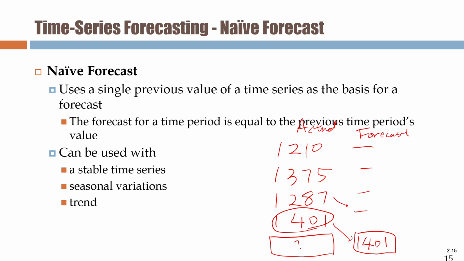So this one comes here. This was the forecast, this was the forecast. That way, you just use the previous period's data and take that as your forecast for the next period.